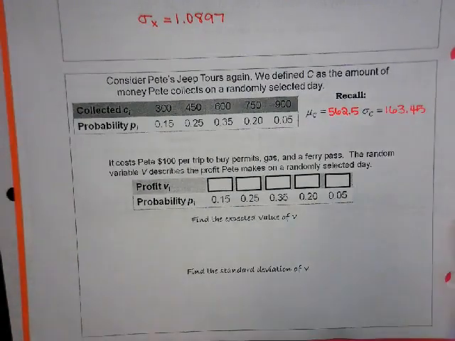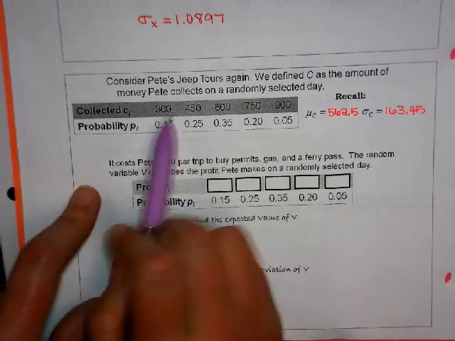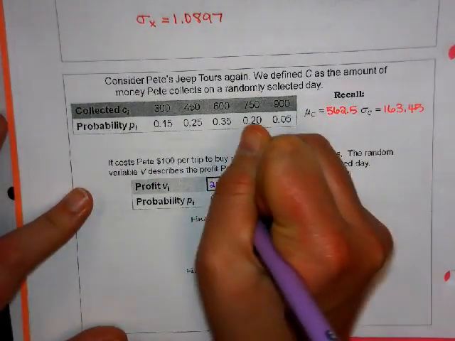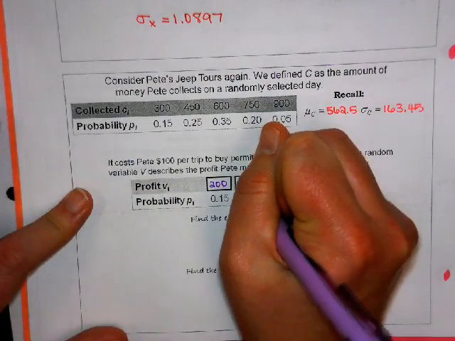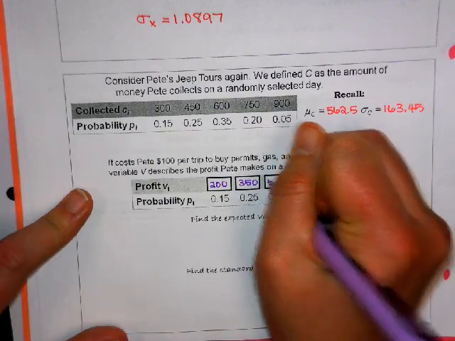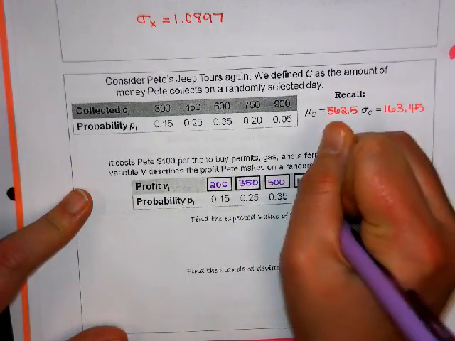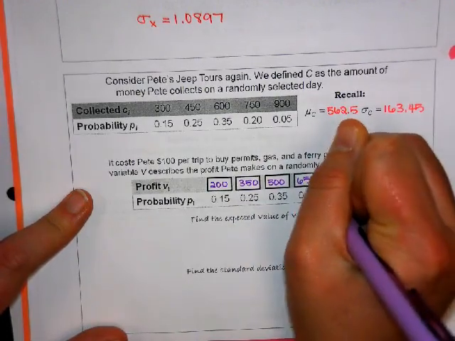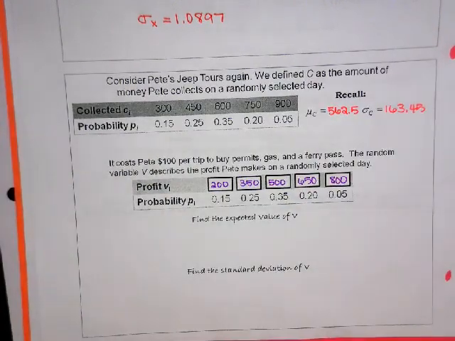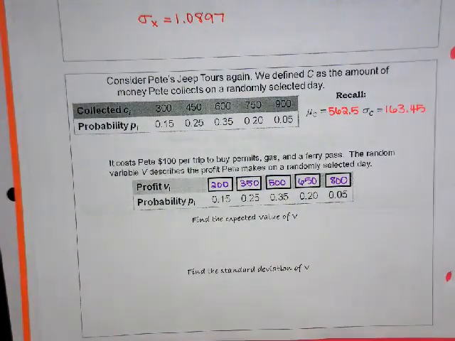So 300 minus 100 would be 200 here. 450 minus 100, 350. This would be 550. This would be 650. And this would be 800. You guys are going to find the expected value for his profit and the standard deviation for the profit, please.